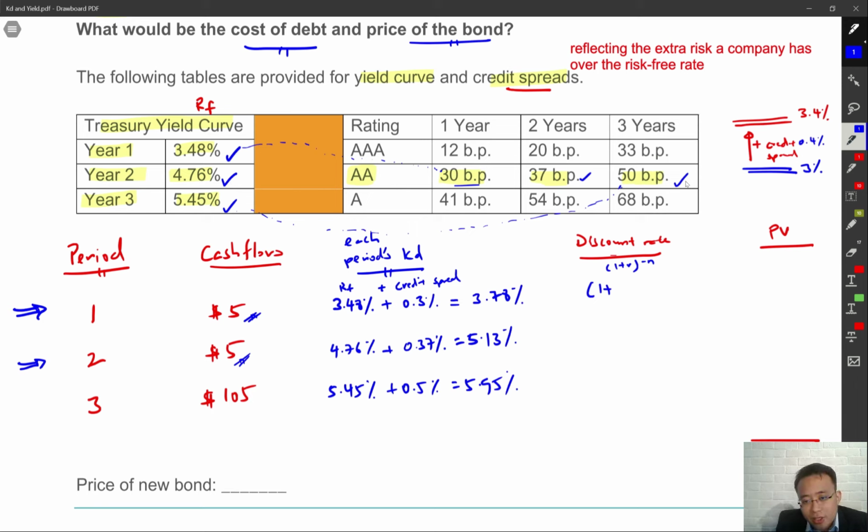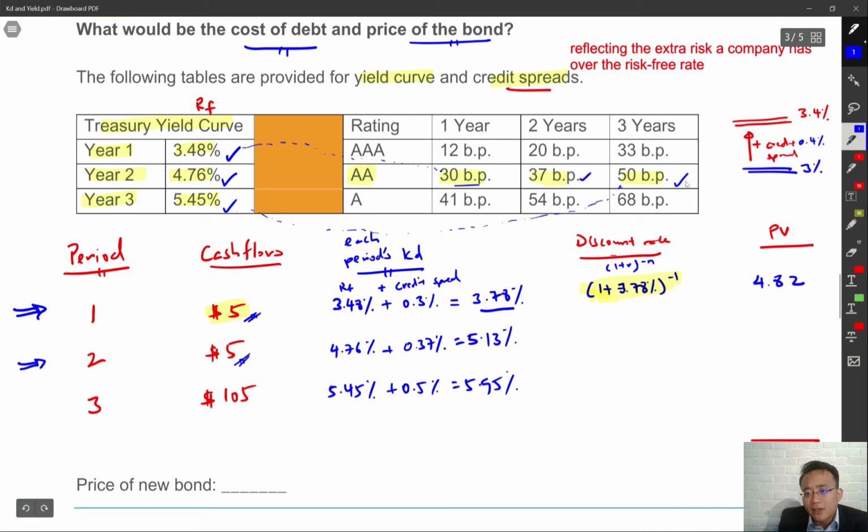So I'll just take the total amount here. This is my cost of debt. 3.78% power minus 1. So I'll take the $5 and I will discount using this rate. Okay, so $5 times 1.0378 power minus 1, get the answer 4.82. Don't mind, I'll just round it to 2 decimal places.